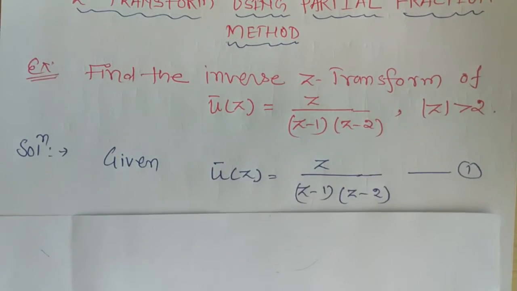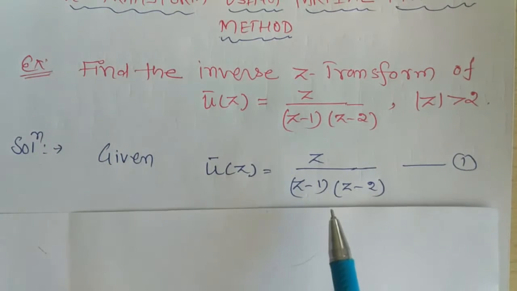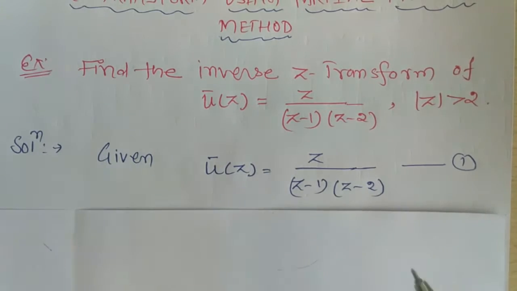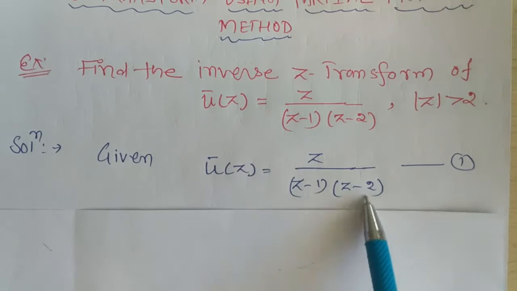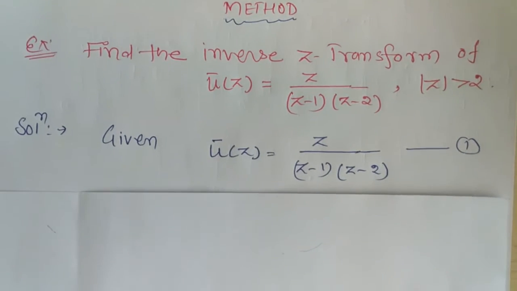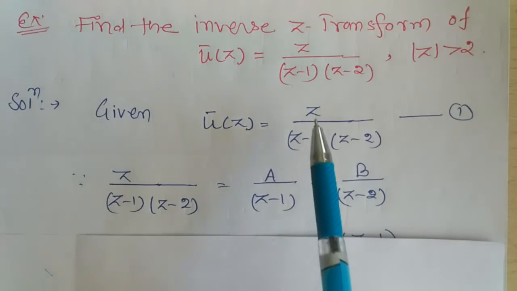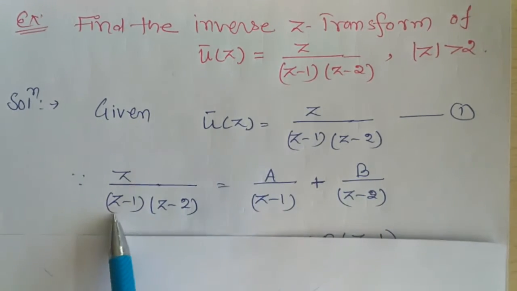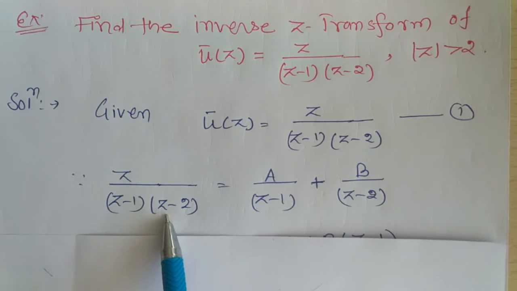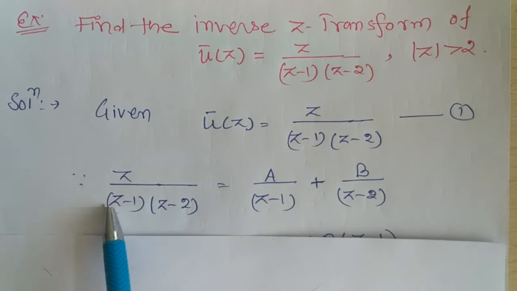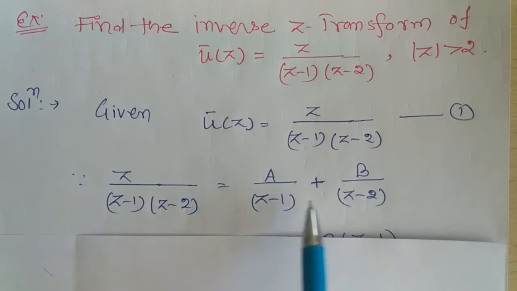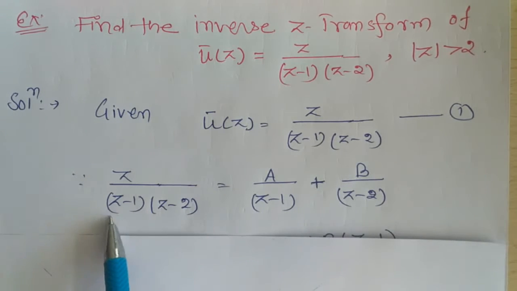Given U bar Z is Z upon (Z minus 1)(Z minus 2). Now first we apply the partial fraction method on U bar Z. So using the partial fraction we can write the partial fraction of Z upon (Z minus 1)(Z minus 2) as A upon Z minus 1 plus B upon Z minus 2, because both the factors are linear and non-repetitive.